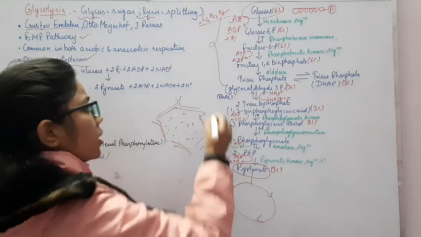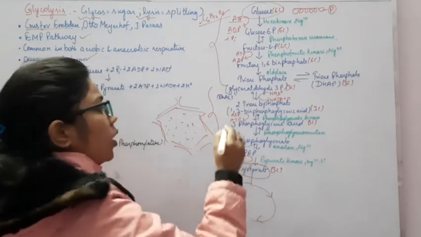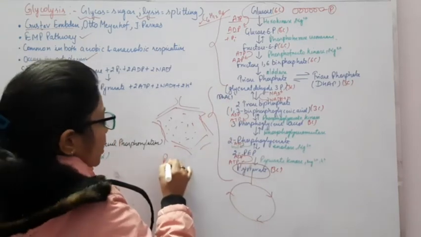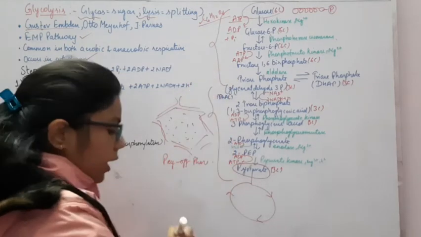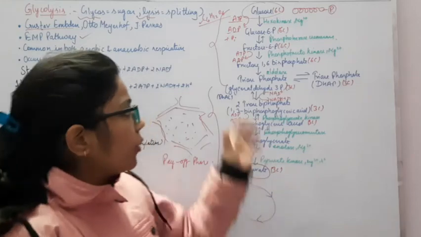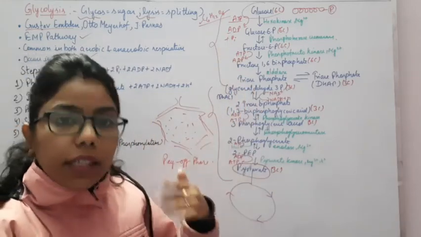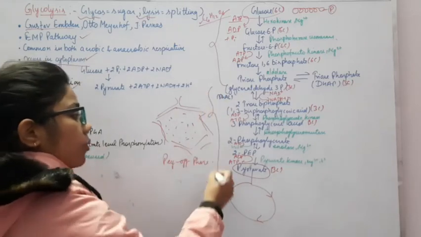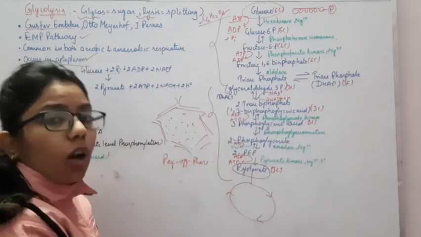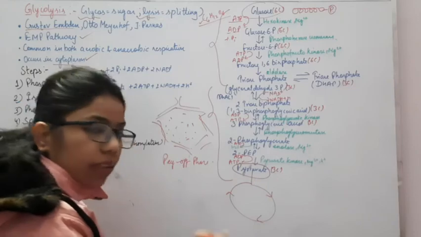But after this step, what will you call it? Payoff phase. Why are we saying payoff phase? See here, in the preparatory phase they have done some job, and after doing some job, they are getting salary, right? In the same way, in these steps we are getting the energy.